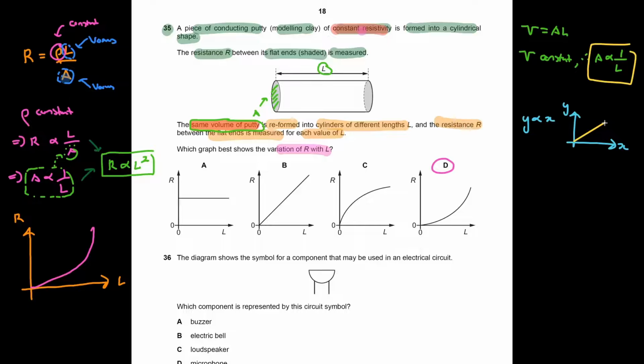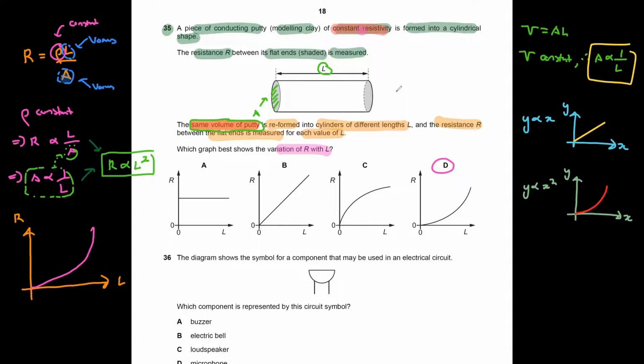Now, if I then tell you y is proportional to x squared, there are two specific graphs that you can draw out of this. The first one is y versus x, and another one is y versus x squared. If you're being asked to draw a graph of y versus x, you're supposed to get a curve that looks like this.